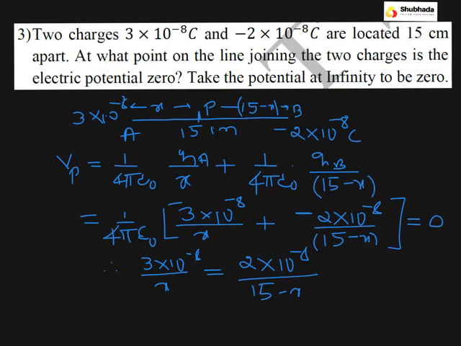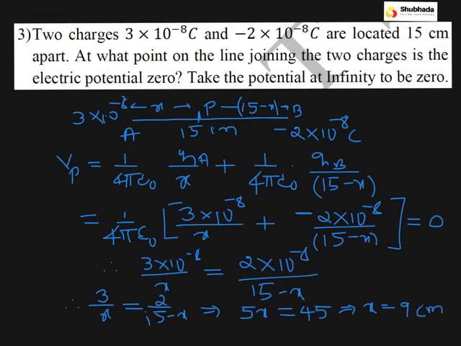If I simplify this, I will get 3 by x is equal to 2 divided by 15 minus x. So therefore 45 minus 3x is equal to 2x, so 5x is equal to 45, or x is equal to 9 centimeter. That is the answer for this particular question.